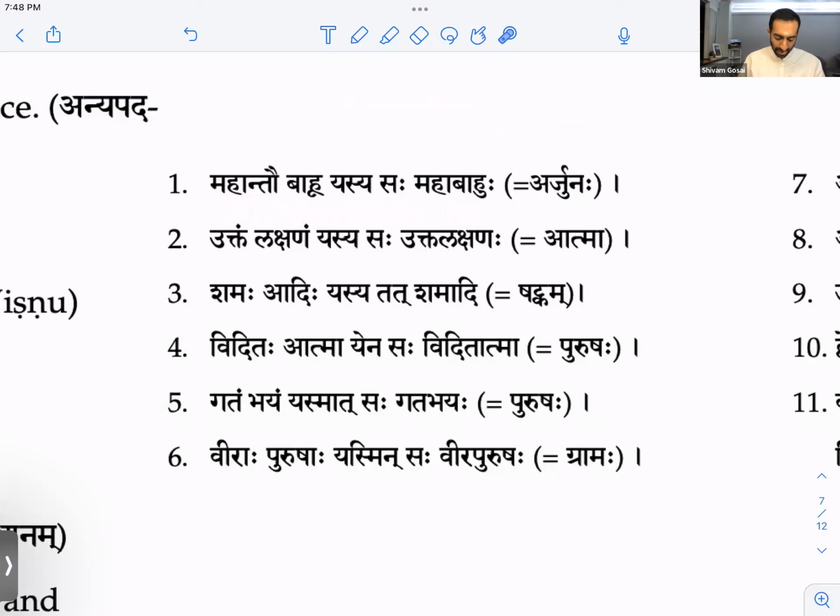Okay, so this is Saha, the one, Yasya, for whom Bahu, the two arms, this is dual, are Mahanto, strong. The one for whom the arms are strong. Now, this doesn't refer to arms. We're not talking about the strongness. We're talking about Arjuna.